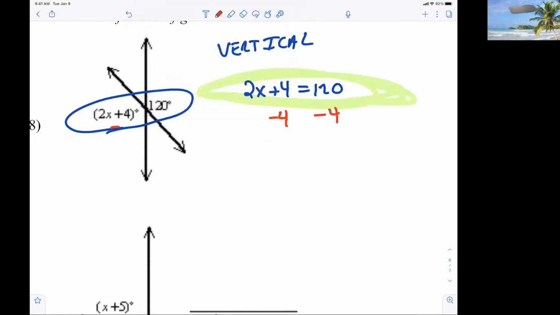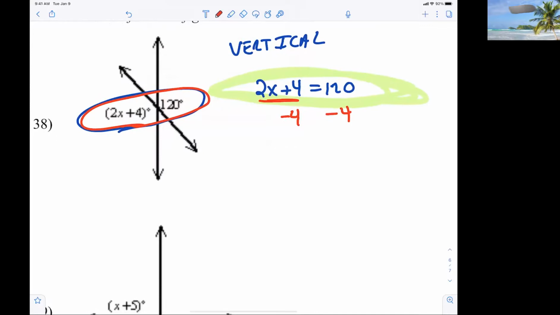But you said they're vertical angles, right? Are the vertical angles equal? So we just said 2x plus 4 equals 120. So I have to solve. Yes, this angle over here is going to be 120 degrees, but I need to figure out what x is.